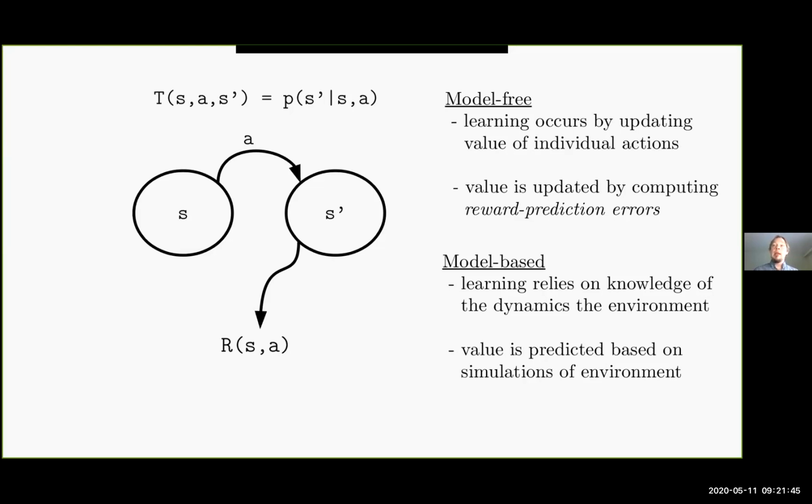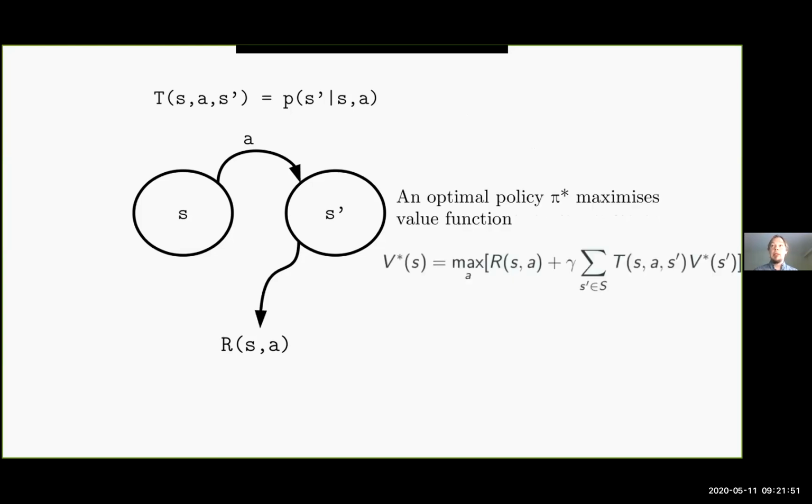Now, in any case, whether it's a model-free or model-based approach, the goal is to discover an optimal policy. So we define a policy, pi, that maps states into probabilities of actions. So given a state, it gives probabilities of actions. An optimal policy is defined as something that maximizes the value function.